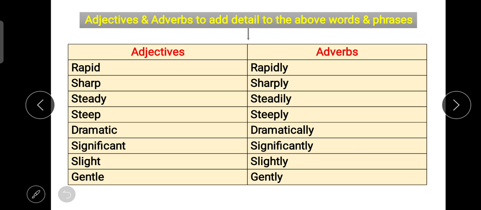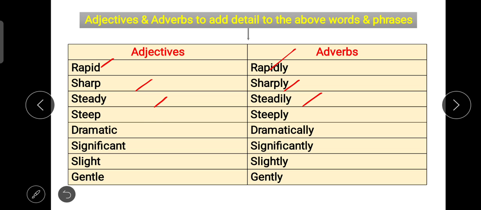Now, when we describe the data, we can make use of adjectives as well as adverbs. So we can say rapid increase, or we can say increased rapidly. Any way we can go on. Sharp becomes sharply. There is a sharp fall, or we can say fell sharply.